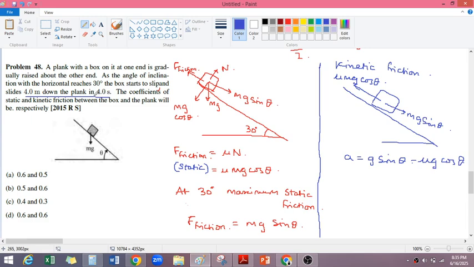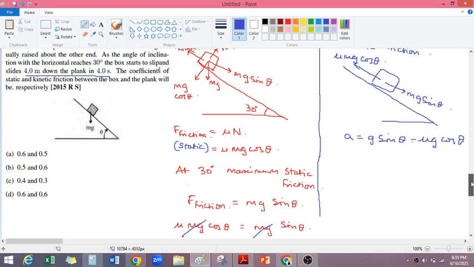So that means I know the acceleration, I know the time, I know the distance. Which formula comes to your mind? I think I can use s equals ut plus half at square. Initial velocity is 0.